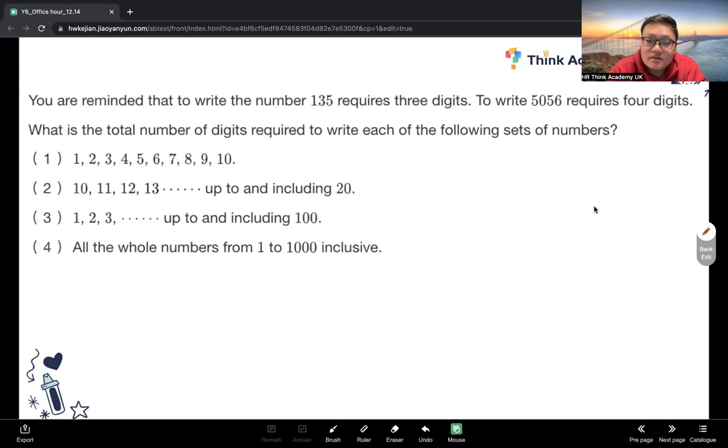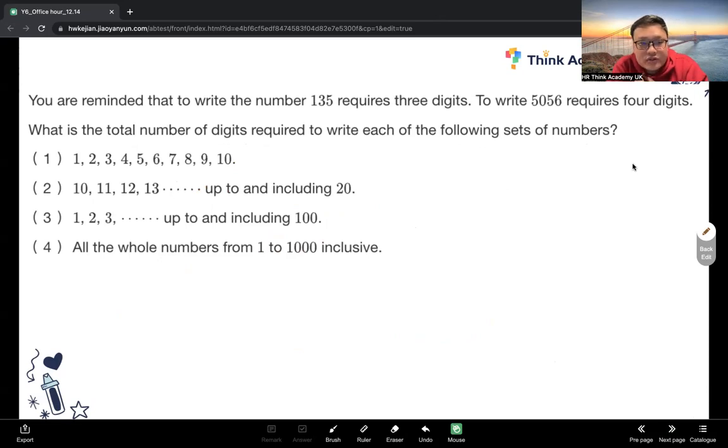It's basically about the page problem. Still remember that? So you are reminded that to write the number 135 requires 3 digits. If you want to write down 5056, it requires 4 digits.